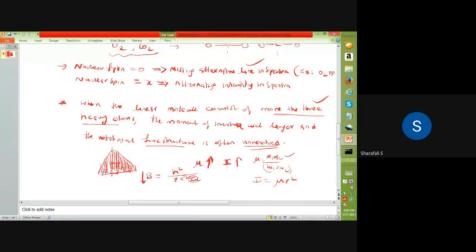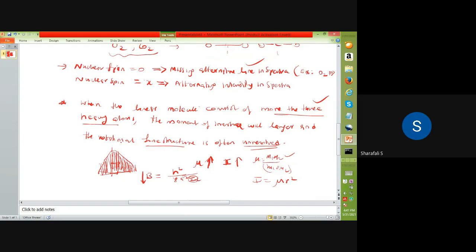Some lines which may be absent in IR spectra can be observed in Raman spectra, which means that some bonds in your molecule which are active in IR are inactive in Raman spectra. Similarly, some which are active in Raman are inactive in IR. So we have to take both IR and Raman to get a complete picture of your molecule.